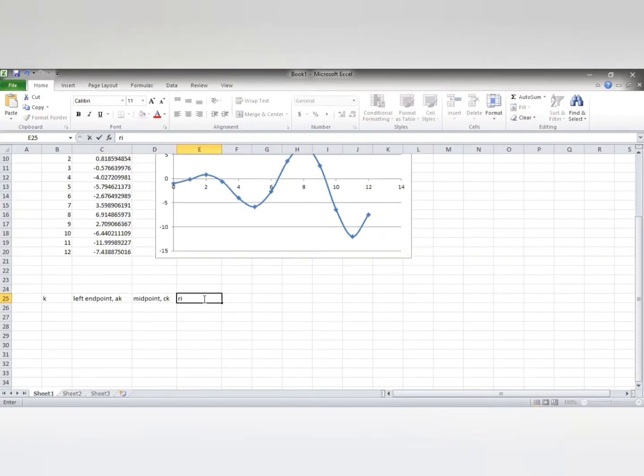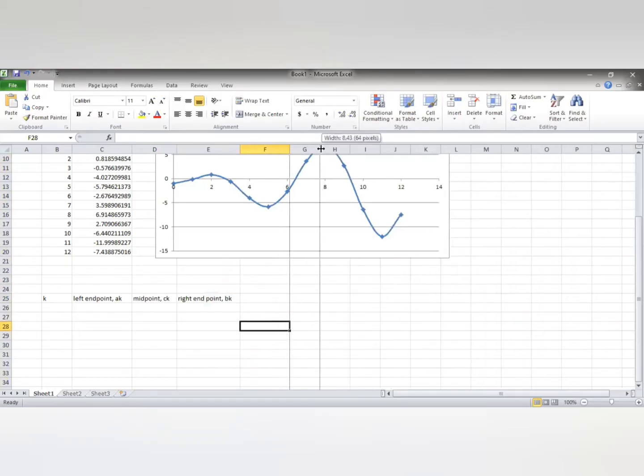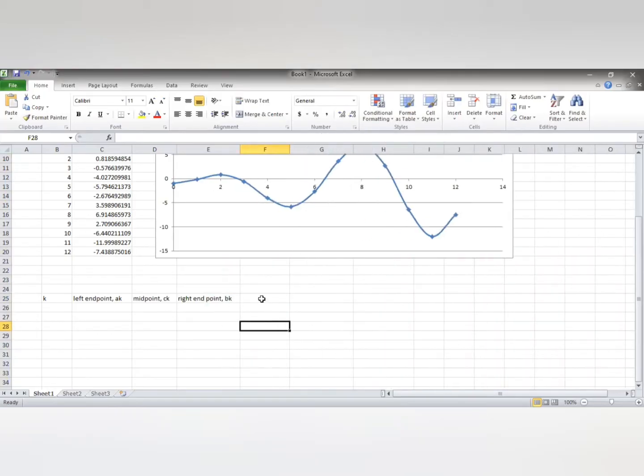Here we have the right endpoint, so this is bk. Then this will be the function of ak, then the column for the values of the function of bk, and the function of ck.